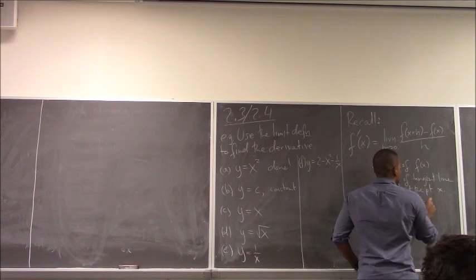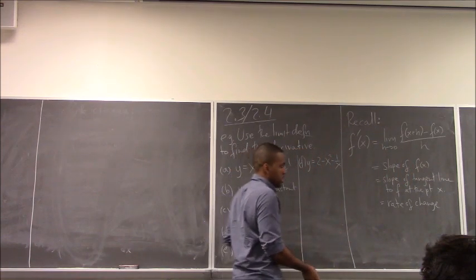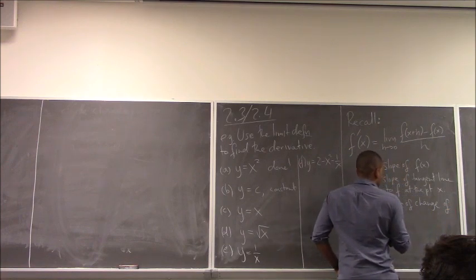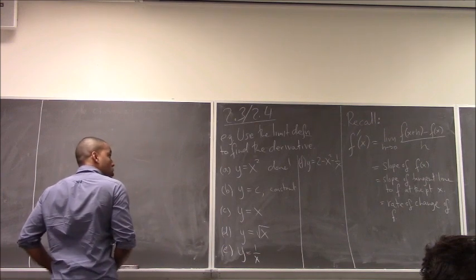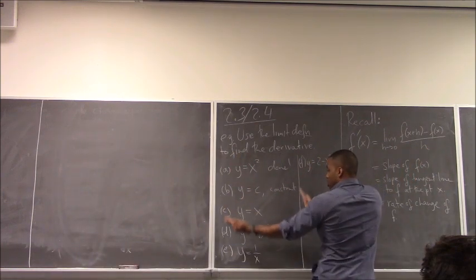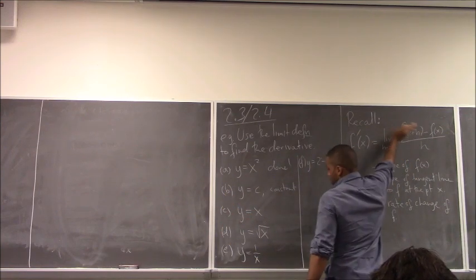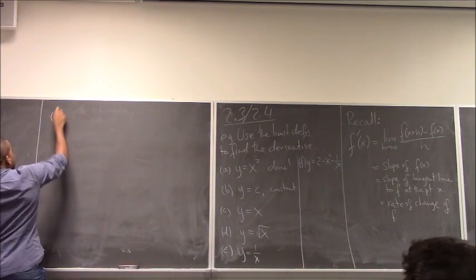We already looked at slope as a measure of rate of change or speed or velocity. And so once we can find the slope of something, we can think of that as a rate of change of the thing. Okay, cool. With this interpretation in mind, here we don't have to interpret anything. We just actually want to compute the functions from this formula for these guys. So let's actually move on to B.